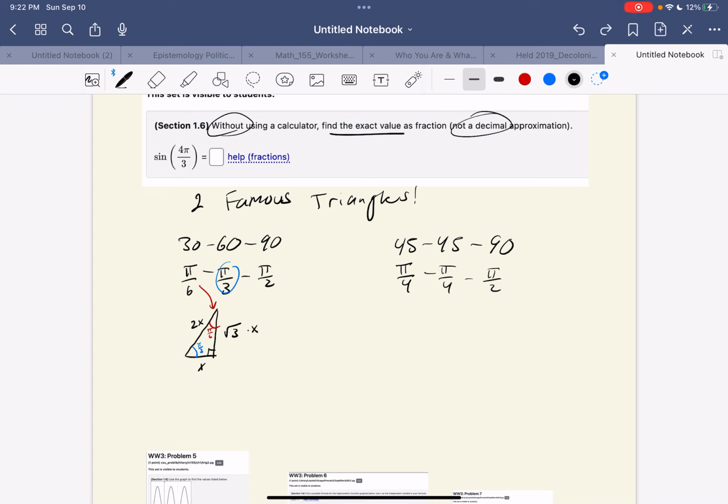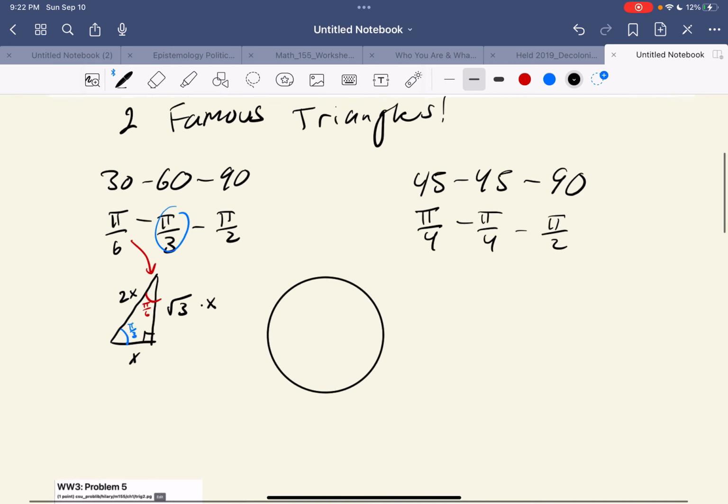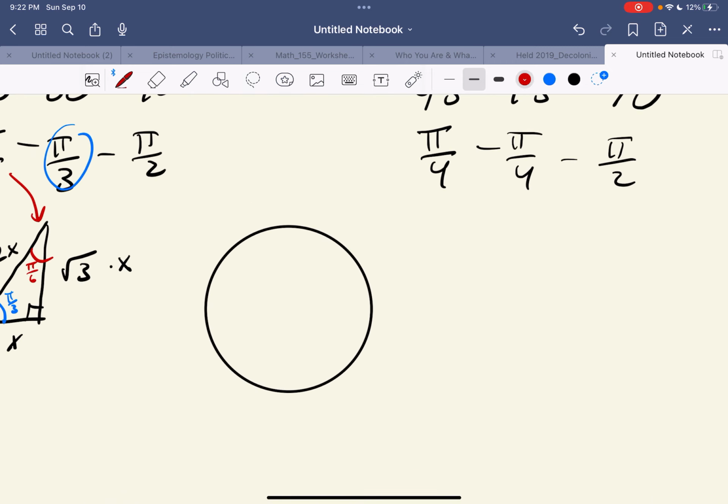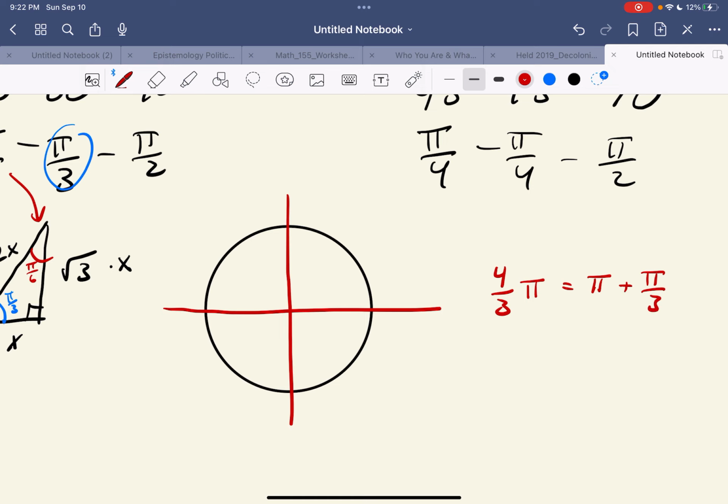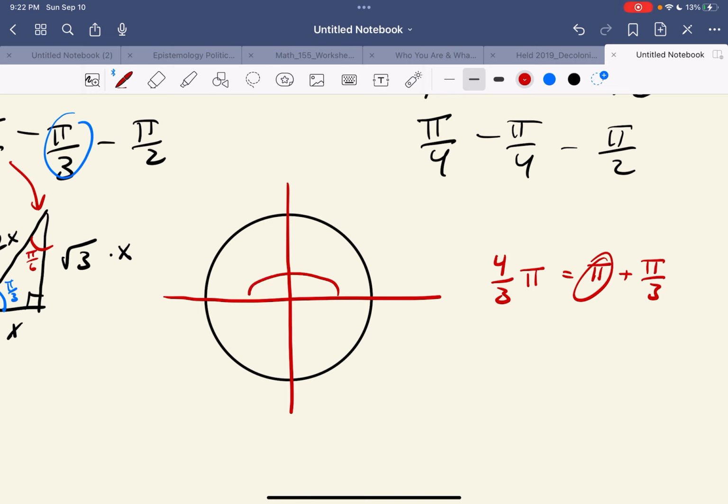So this thing, 4/3 pi, if I were to draw a unit circle. All right, so we want to deal with 4/3 pi. Well, this is pi plus an extra third of a pi. So if we handle this pi, that means we rotate all the way to here.